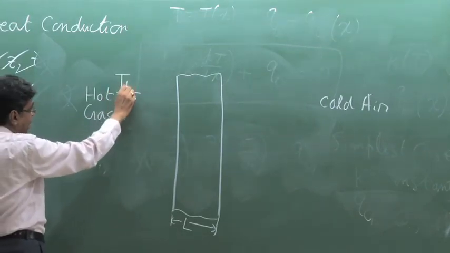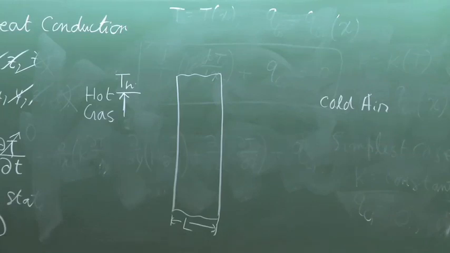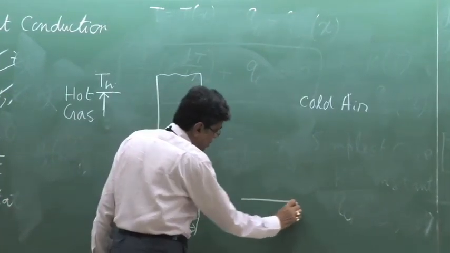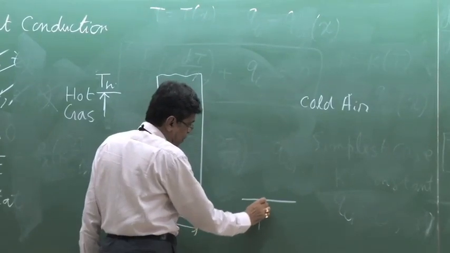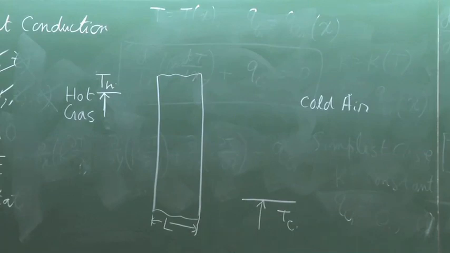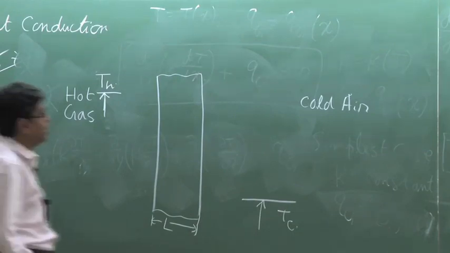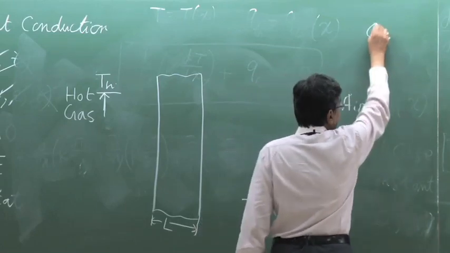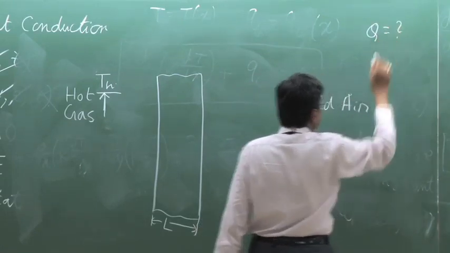The hot temperature, that is the temperature of the hot gas, TH, and the cold air temperature, TC, are measured from the same datum. You have to find out the value of Q. What is the value of Q?